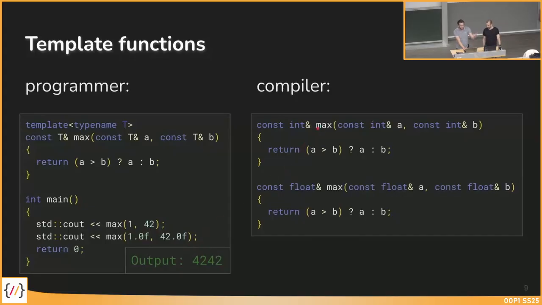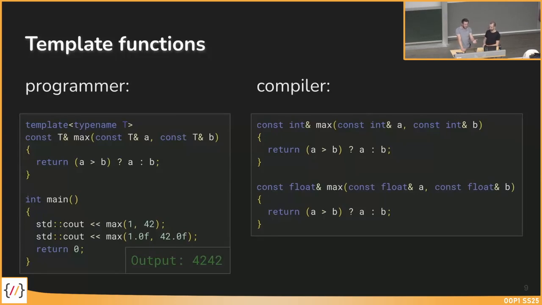And so the compiler creates the integer and float maximum calculation functions for us out of the template. This is what happens when we compile our code. So we need to write it only once, and the compiler duplicates the code for us whenever we need it.